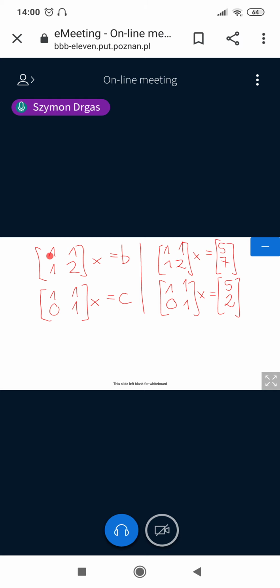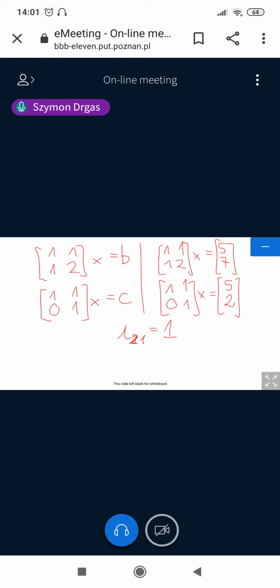So we just multiplied the first row by 1, and then subtracted it. So L21 is equal to 1 in this case. So this is the number that we used to multiply the first row before subtracting it.